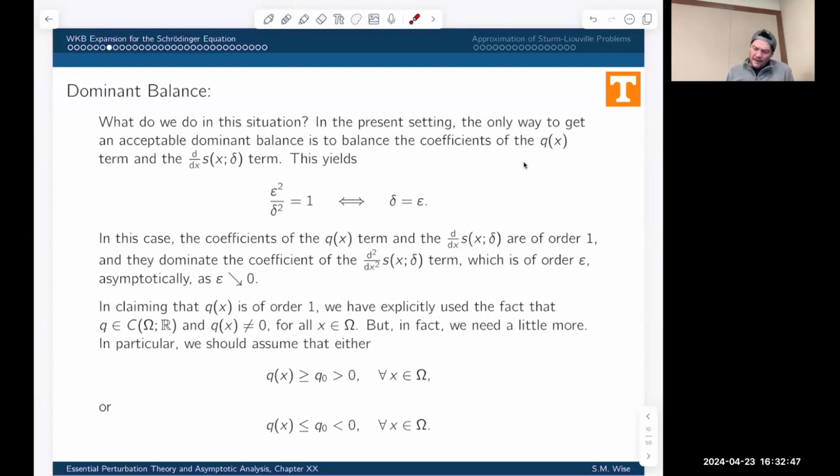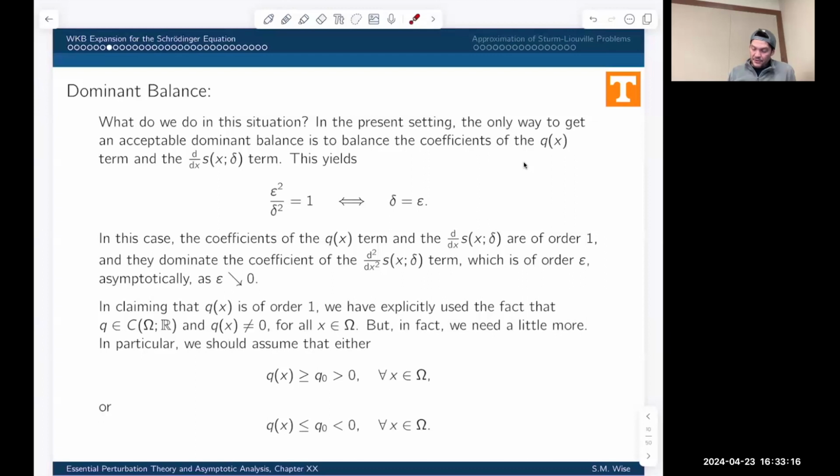Now, again, I have to point out that in claiming that Q of x is order 1, we've explicitly used the fact that Q is a continuous function and not equal to 0. But actually, you have to do a little bit more, because if it's an infinite domain or even an open domain, then Q can become very, very close to being equal to 0. It can decay. So what we need is to be a little bit away from 0.